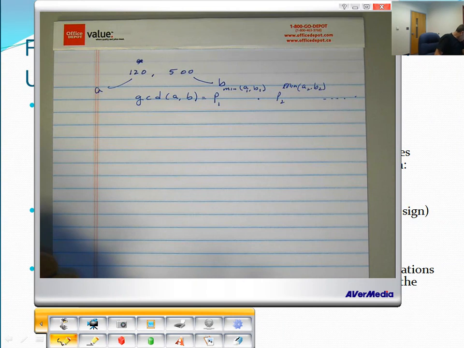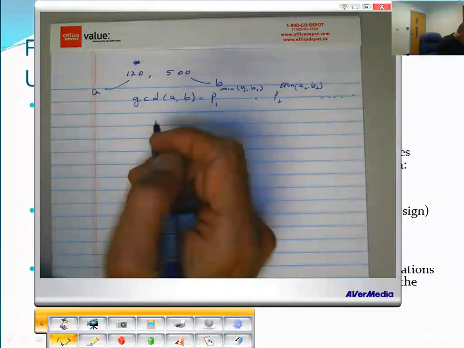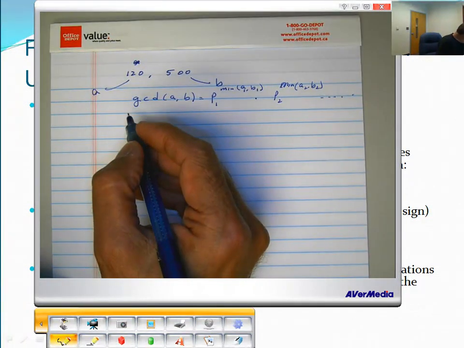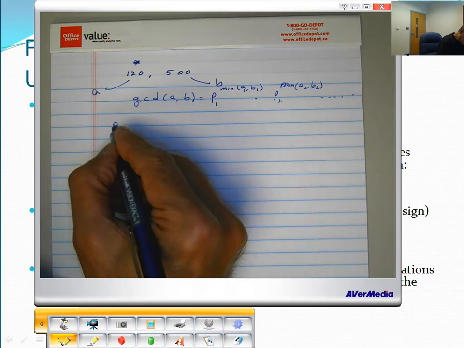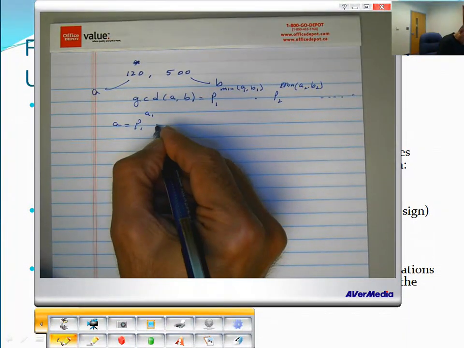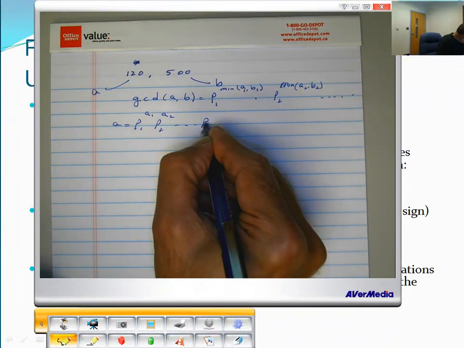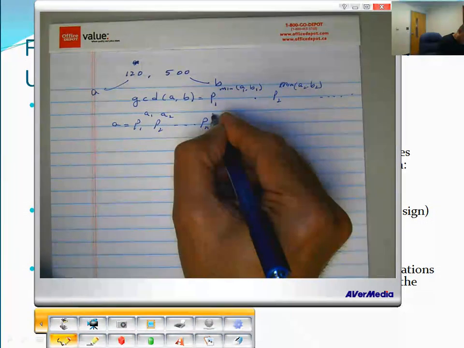All right? So the very first thing that I do in these situations, first I write them in the form that we said: A has the form of P1 to the power of A1, P2 to the power of A2, times P sub n to the power of A sub n.